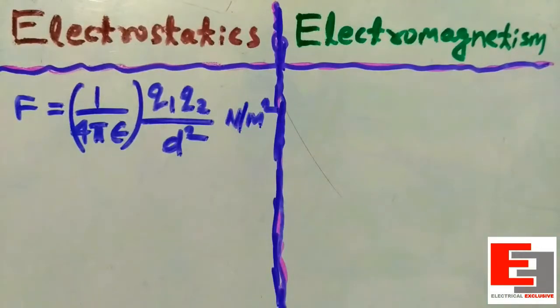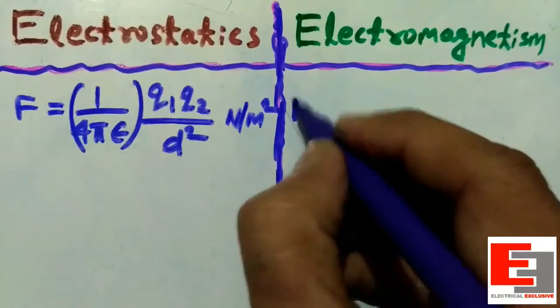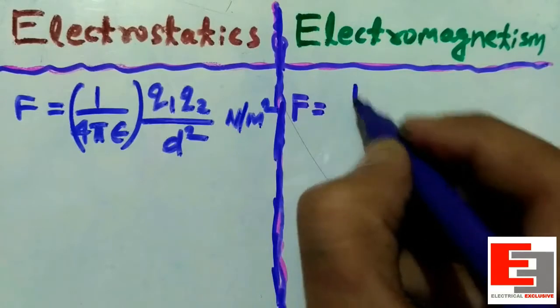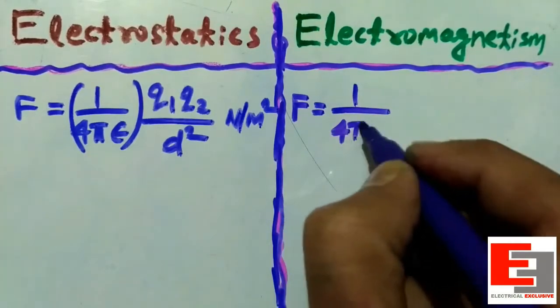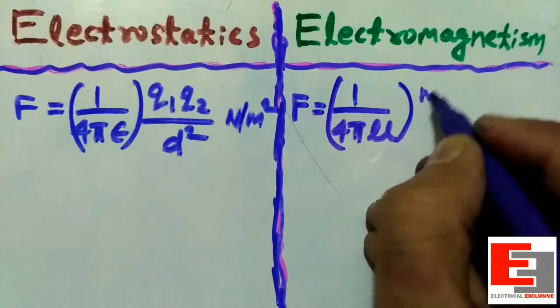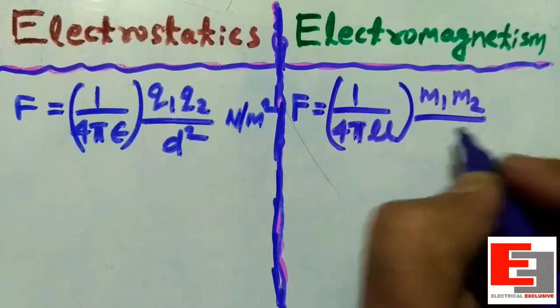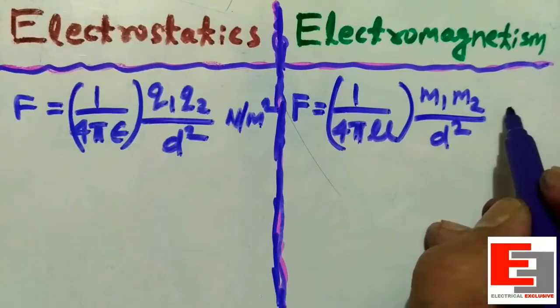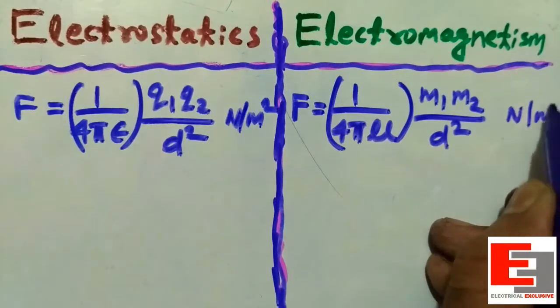Likewise, the force of attraction or the force of repulsion between two magnetic poles in a specific medium is F is equal to 1 by 4 pi mu into m1 m2 divided by d square, and the unit is Newton per meter square.